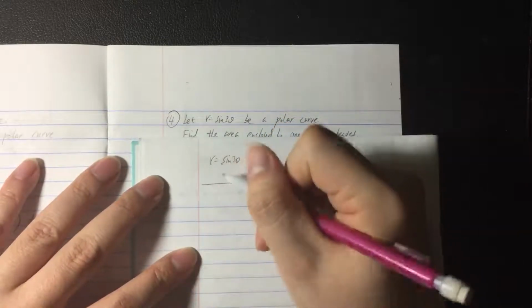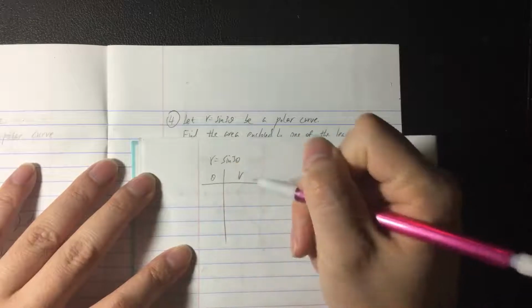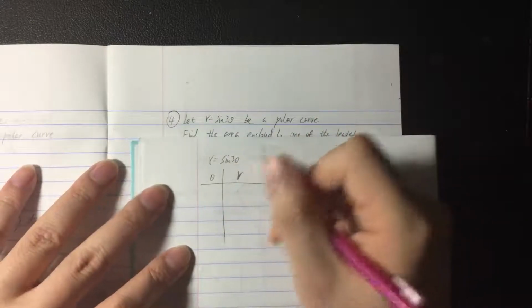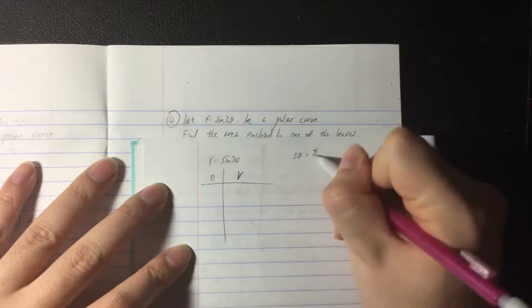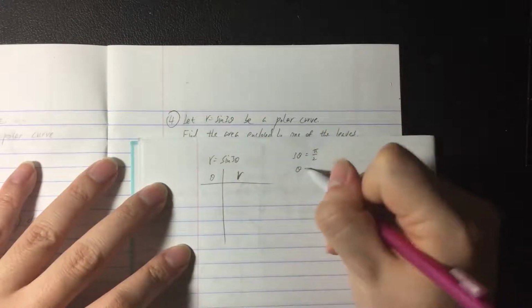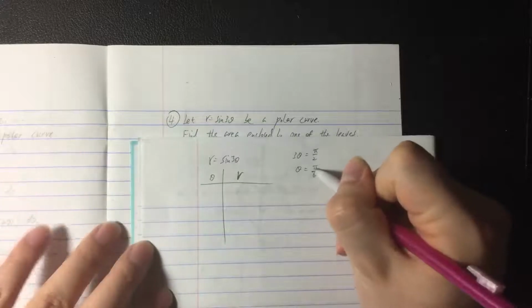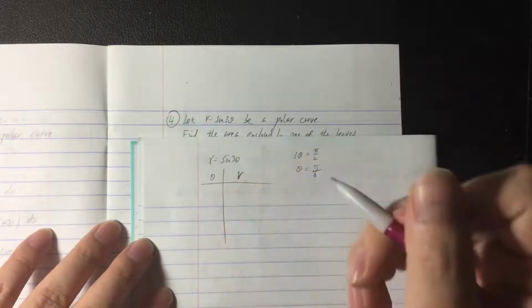Let's make a table for theta and r. What values should we choose for theta? Here, let's try to make 3 theta equal to pi over 2. Then theta is pi over 6. Let's use pi over 6 as a step for theta.